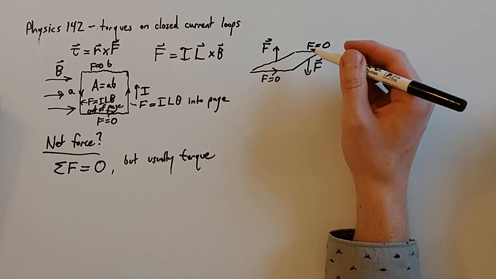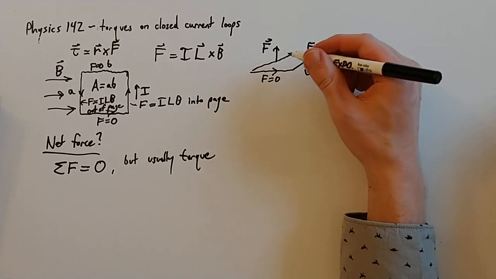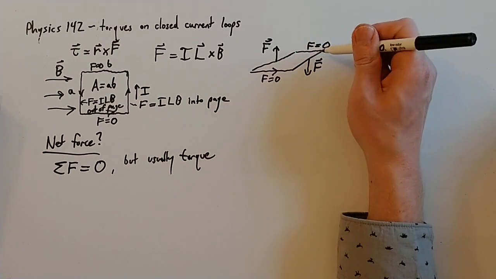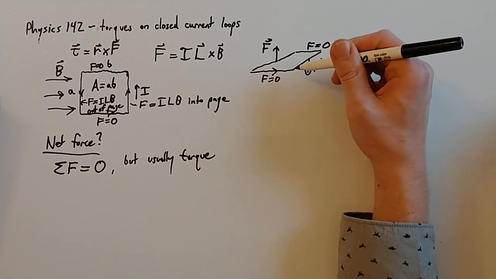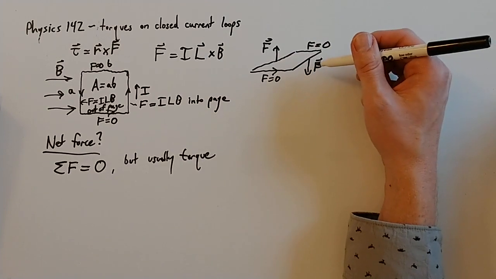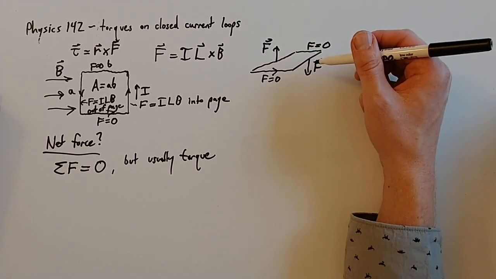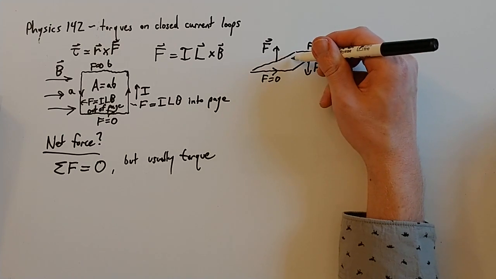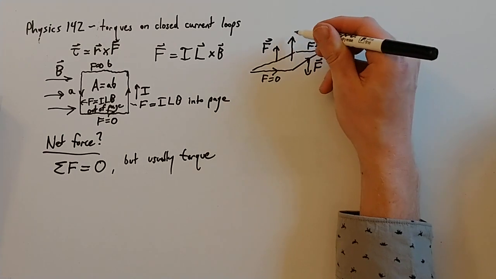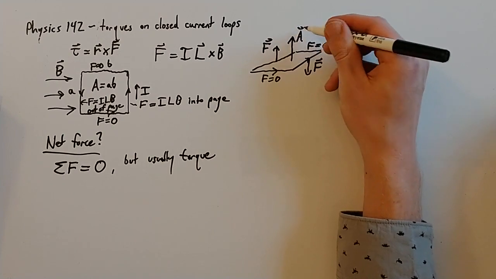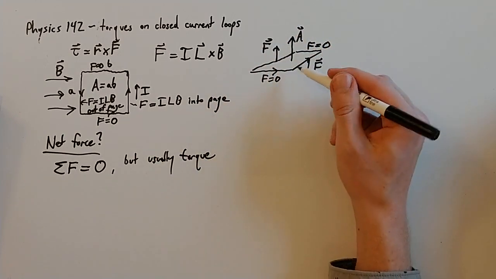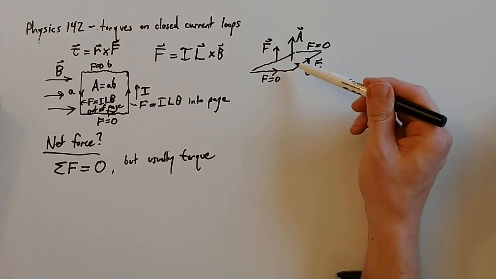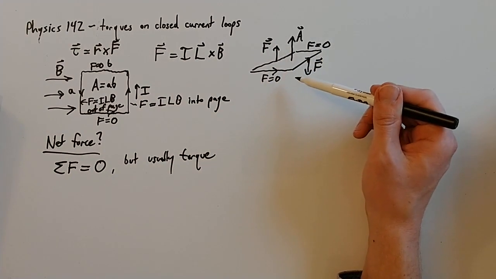A thing that will be useful to us shortly is that anytime you have a chunk that has an area, we can also represent it as a vector. Area can be represented as a vector, and we remember that the direction of an area vector is always perpendicular to whatever surface you're dealing with. So perpendicular would be either up out of this loop or down out of the loop.